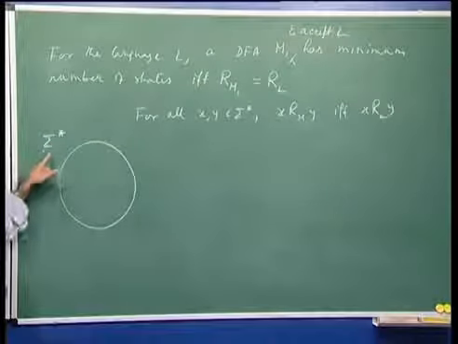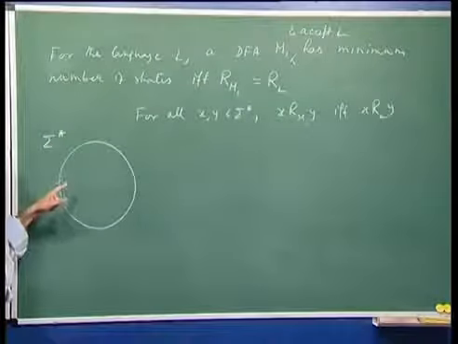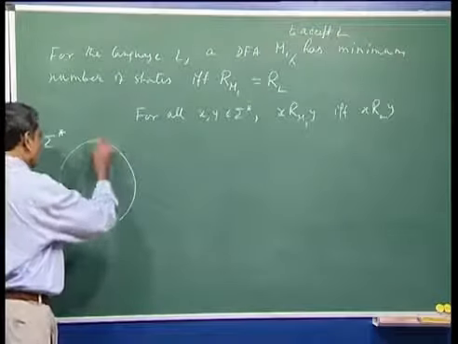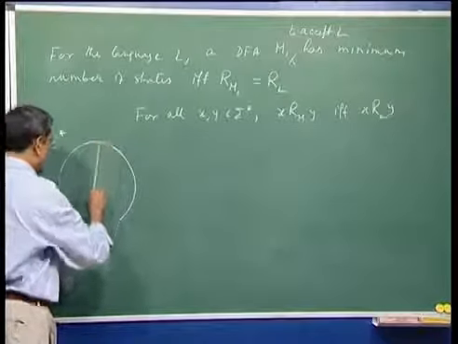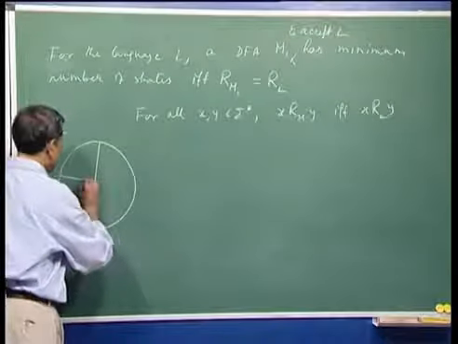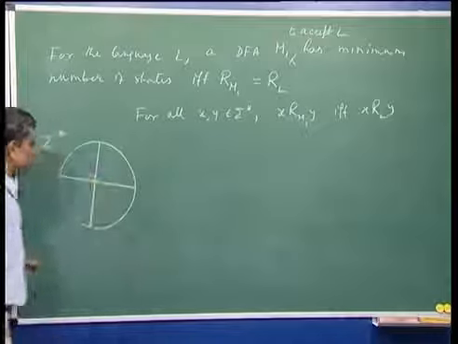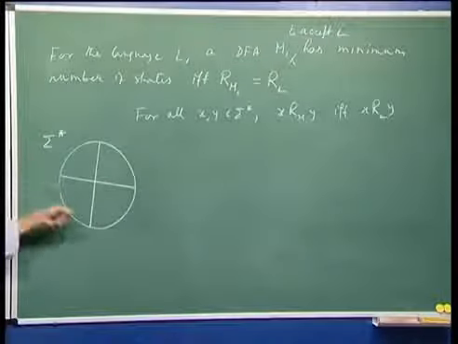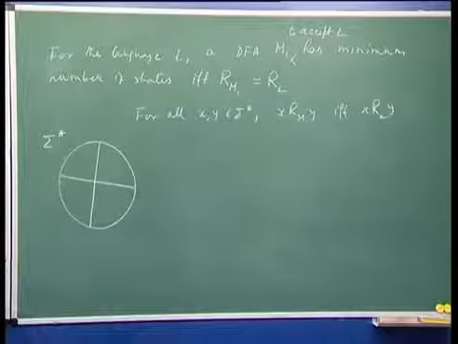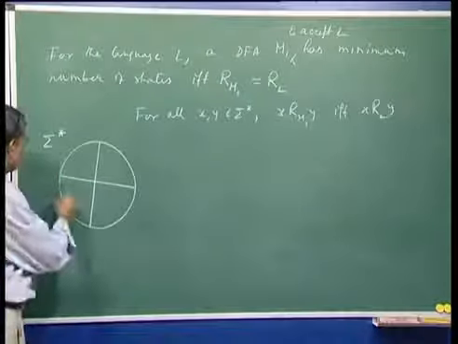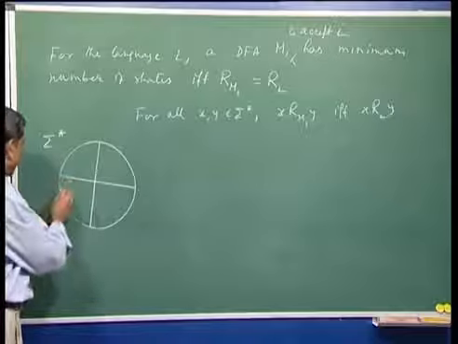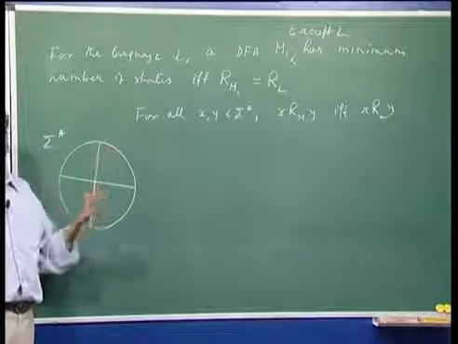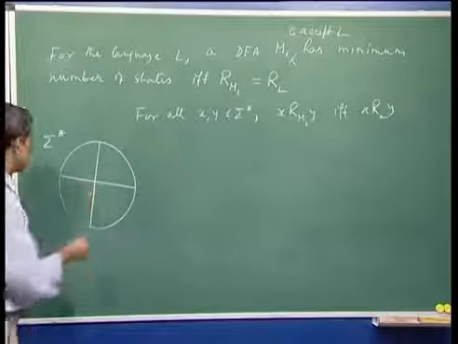Let us say this is sigma star, and just as an example, RL partitions sigma star into these many equivalence classes, and remember that the language L has to be one of these, or a union of some of these equivalence classes.